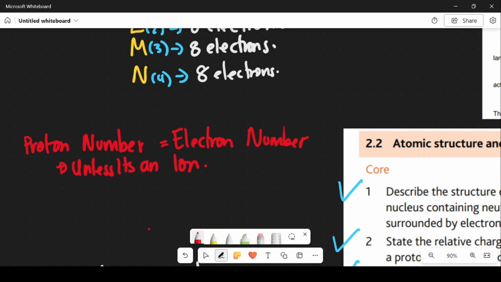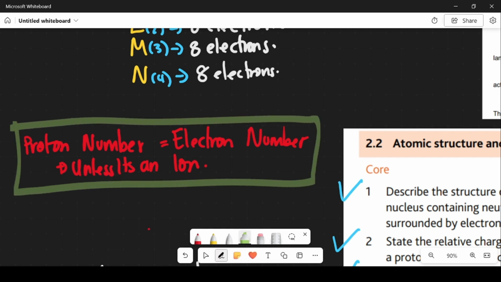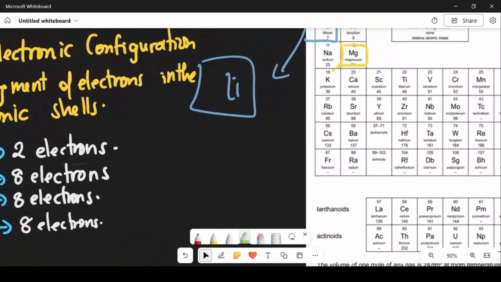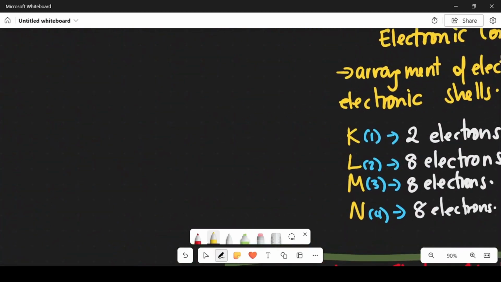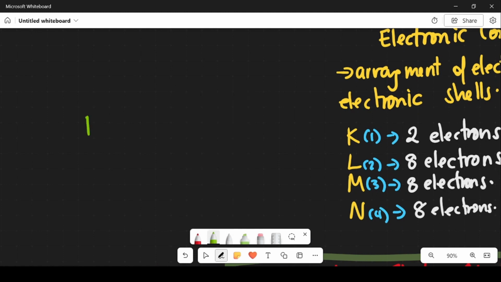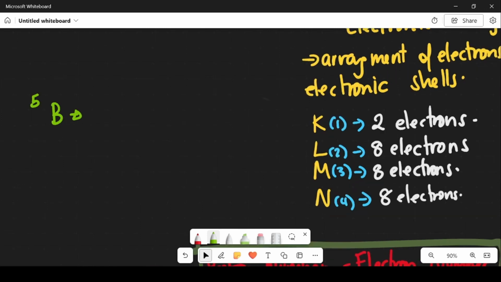All right, so let me just use my green highlighter to draw a box around it. It's an important thing to remember. Sorry for not mentioning it earlier. Let's say boron with 5 proton number. It's an atom, so we already know B with 5 will also have 5 electrons, right?